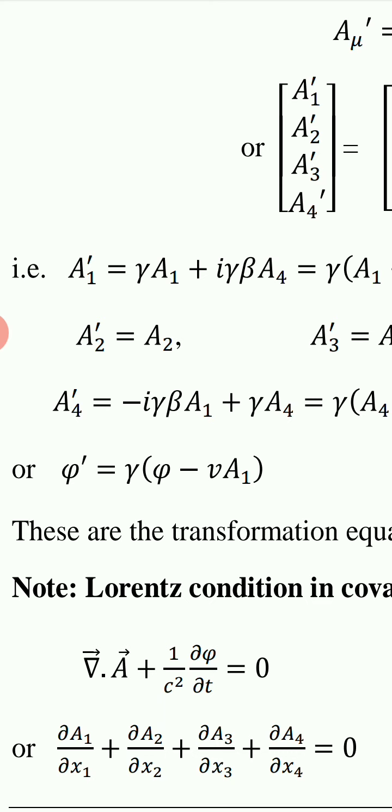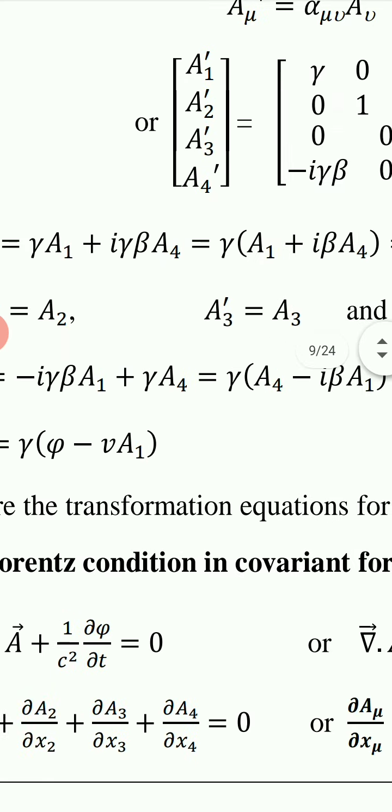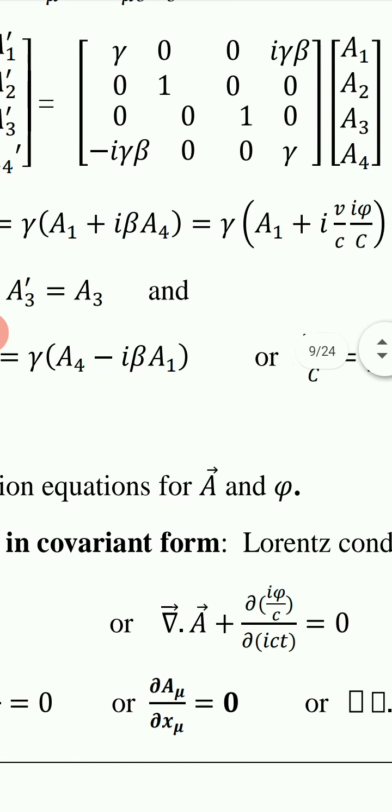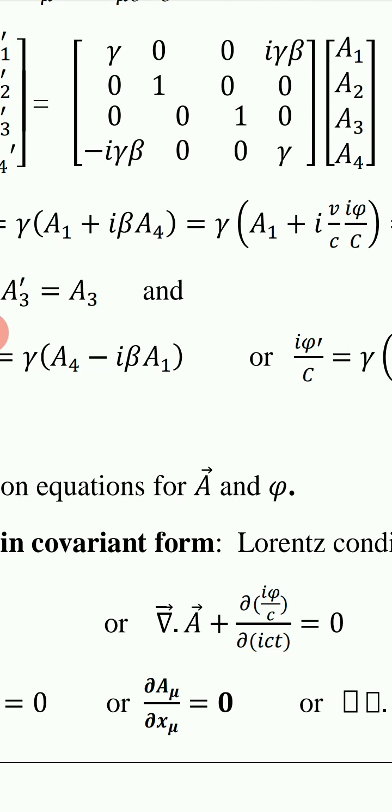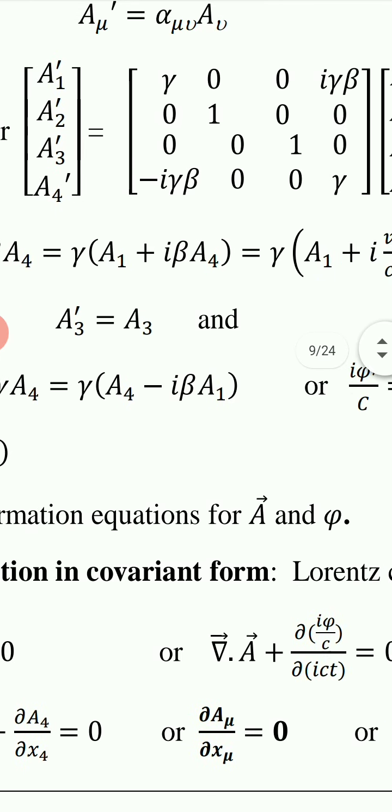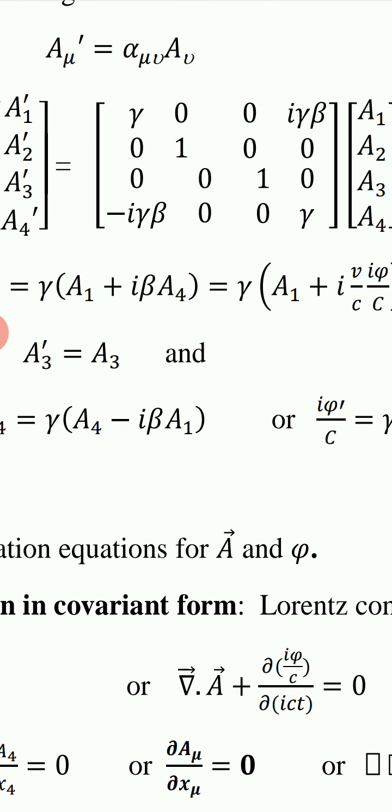So we have these 4 equations, and these 4 equations are the transformation equations for A vector and phi. Transformation equations for 4 vector potential.